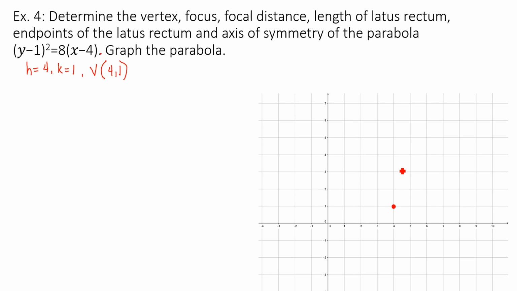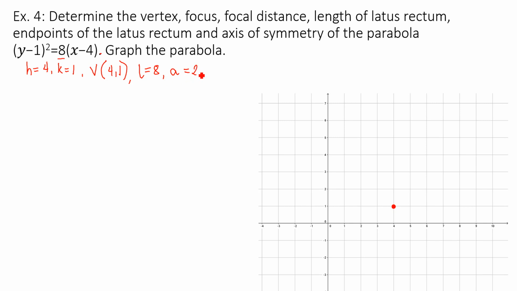So this would be the length of the latus rectum. The length of the latus rectum is equal to 8. Therefore, the focal distance is 8 divided by 4, which is equal to 2.